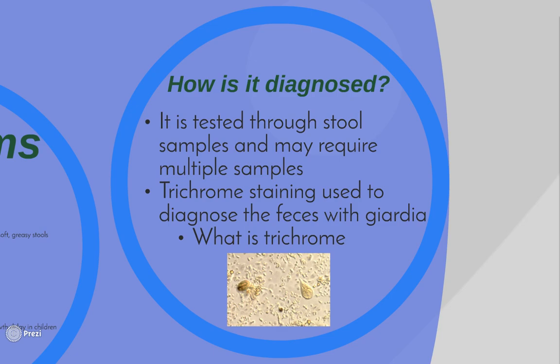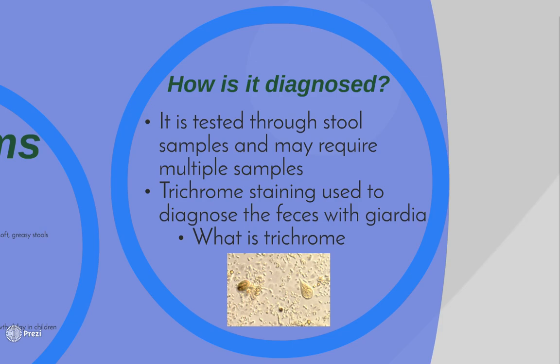How is it diagnosed? It's diagnosed through testing stool samples, but because it takes about 1 to 3 weeks before you may feel symptoms, and the symptoms come and go, they may need to take multiple samples.